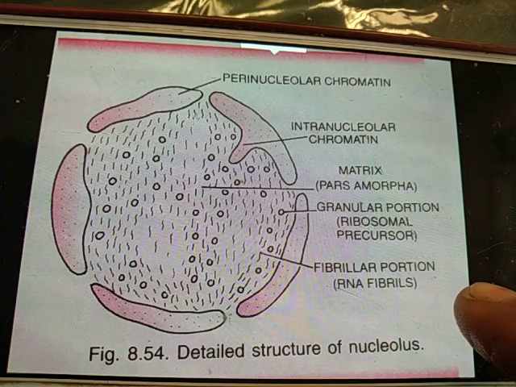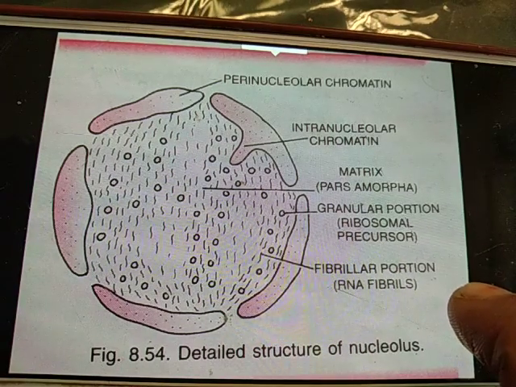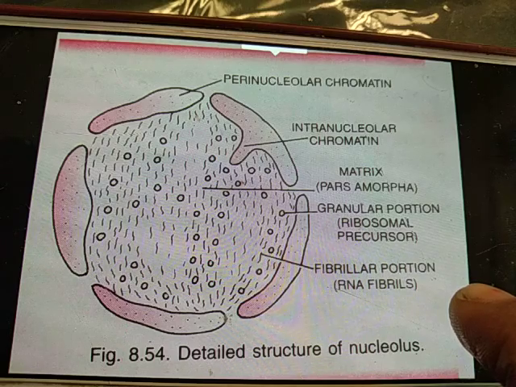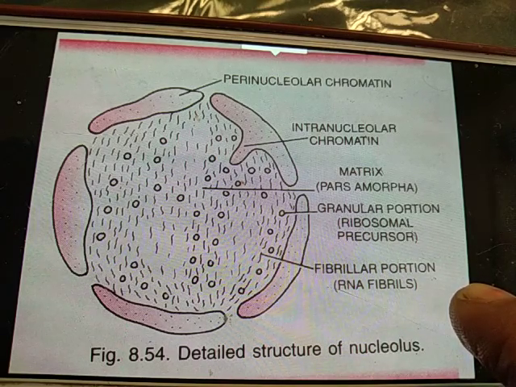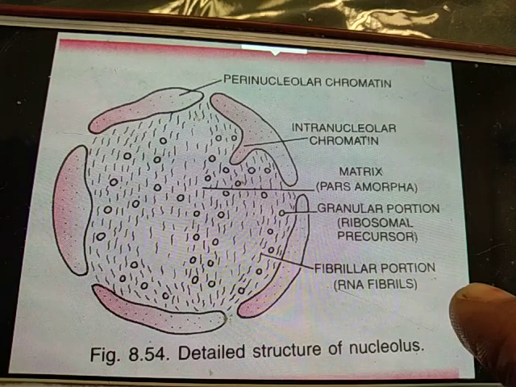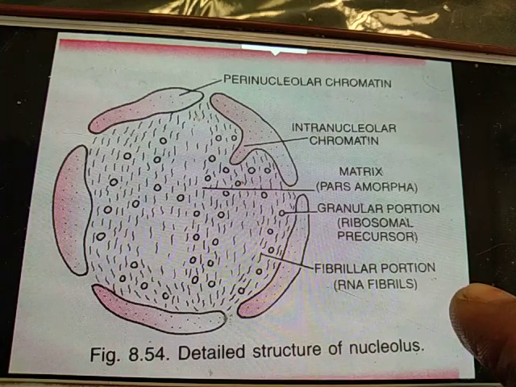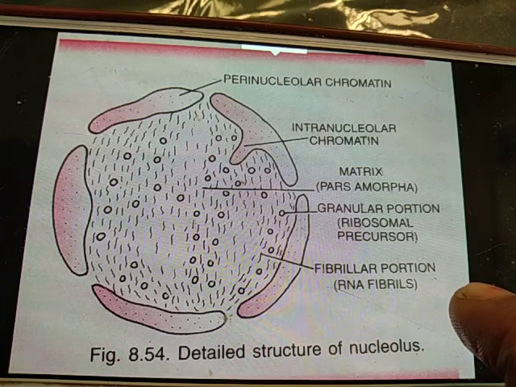Nucleolus is a naked, round, or slightly irregular structure which is attached to the chromatin at a specific region called the nucleolar organizer region, that is NOR. Commonly 1 to 4 nucleoli are found in the nucleus.